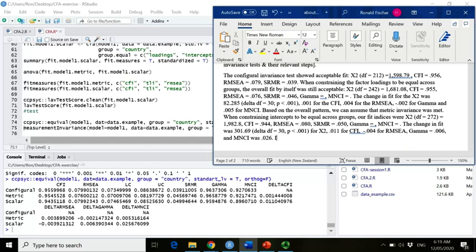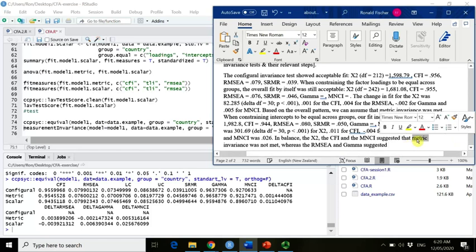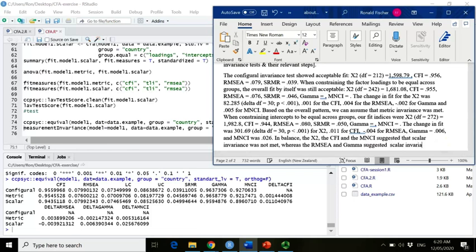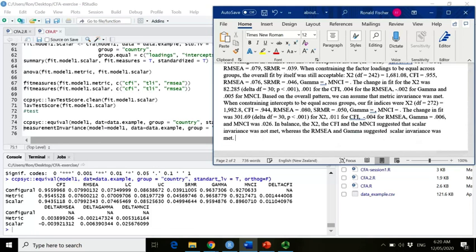On balance, the chi-square, the CFI, and the MNCI suggested that scalar invariance was not met, whereas the RMSEA and gamma suggested scalar invariance was met.